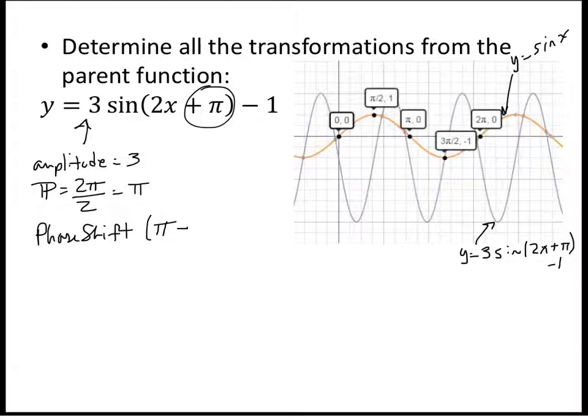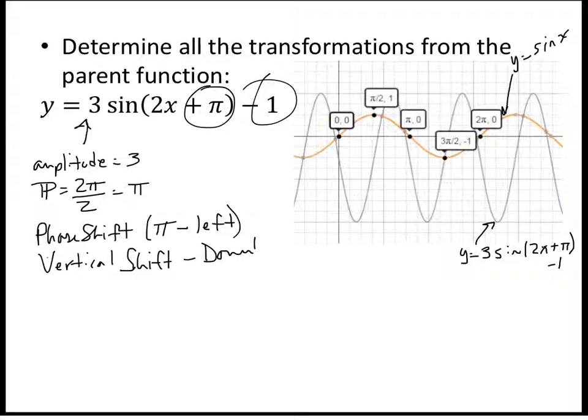Because we're adding pi. And then we have a vertical shift, not horizontal shift. Vertical shift down 1 for that -1, okay?